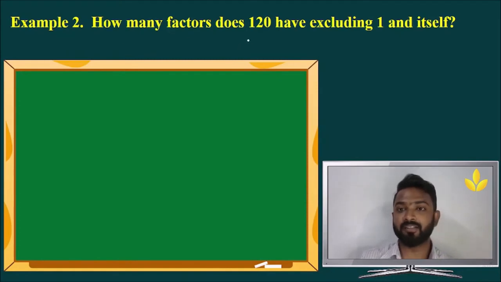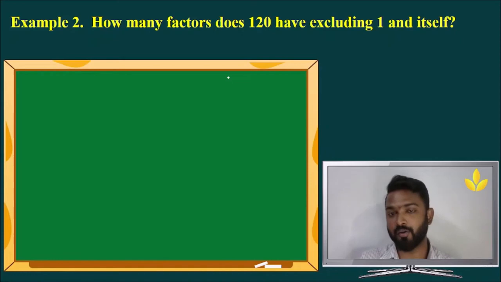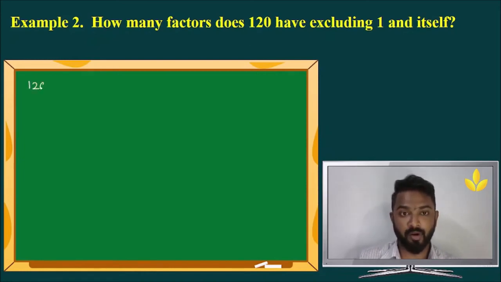How many factors does 120 have excluding 1 and itself? Now how to get this answer? Instead of counting all the factors, how can we get this? If at all you count all the numbers, then how long will it take? Let's see. We have 120.